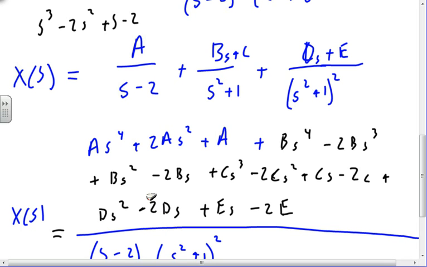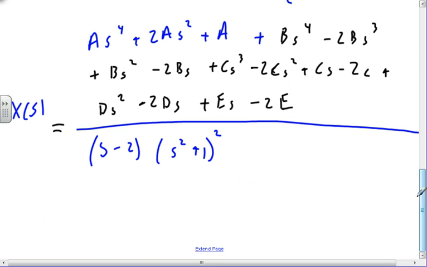No. This is ds squared minus 2ds plus es minus 2e. Okay, so we corrected the only mistake we made.